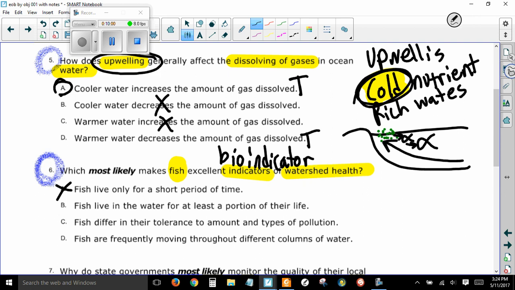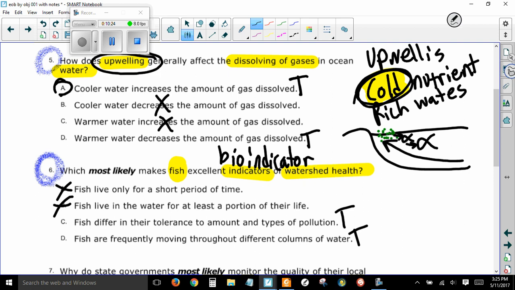Fish live in the water for at least a portion of their life. Fish live in water their whole life. Fish differ in their tolerance to the amount and types of pollution. Fish are frequently moving throughout different columns of water. Again, we have two true statements.